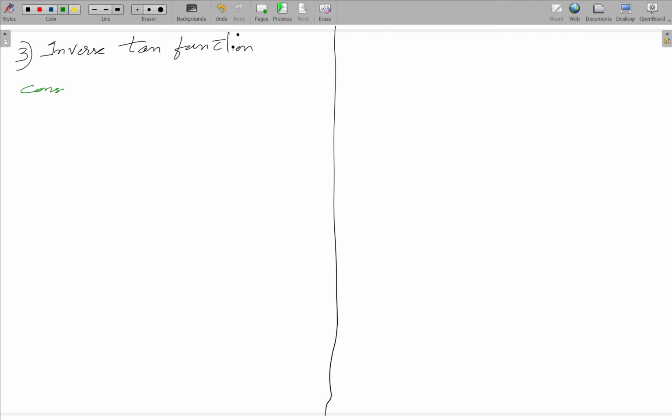Third one, inverse tan function. Consider the tangent function f x is equal to tan x or y is equal to tan x.